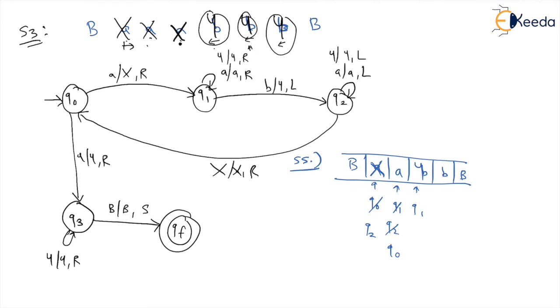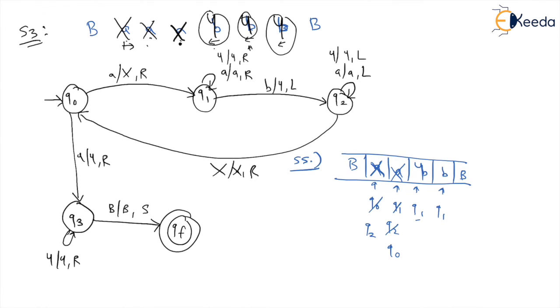So, till now, the first iteration is done. Thereafter, further I say Q0 on receiving A you are going to make it as X, move to the right and go to state Q1. Q1 on Y, you are going to keep it as Y, move to the right to state Q1 again.